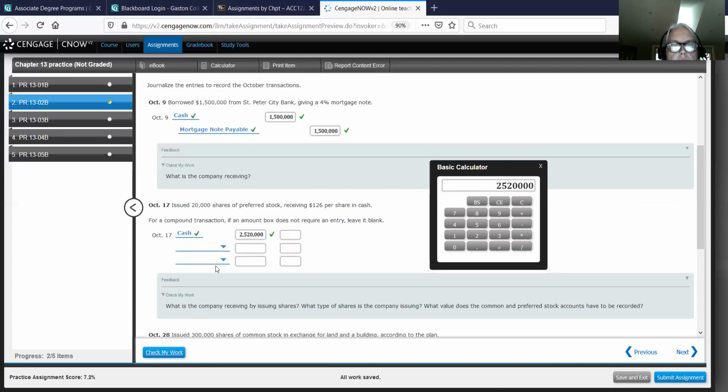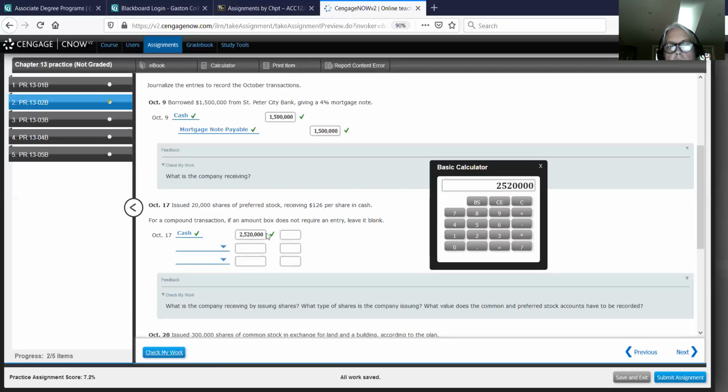To go along with this, we're going to issue our preferred stock. Since preferred stock is a stockholder's equity account, it's going to have a normal credit balance. In other words, we're going to increase our preferred stock on the credit side.